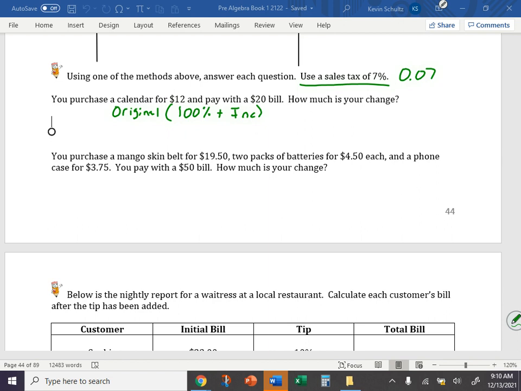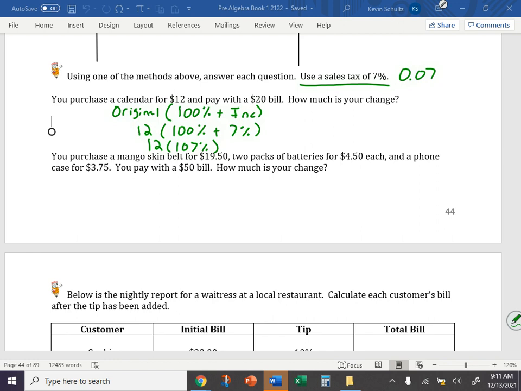What's the original amount before tax is added on? What's the price of your purchase before tax? $12, right? Okay, and we're increasing it by 7%, which gives us 107% that we're multiplying 12 by there.